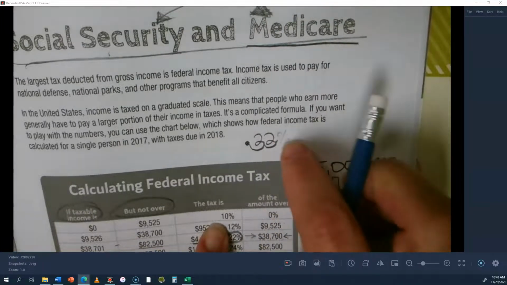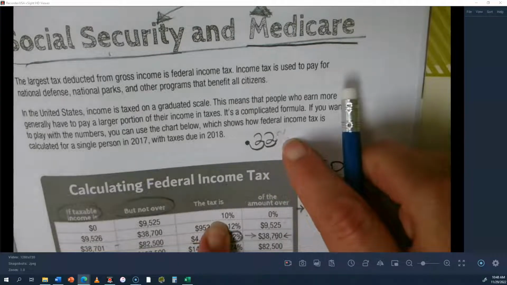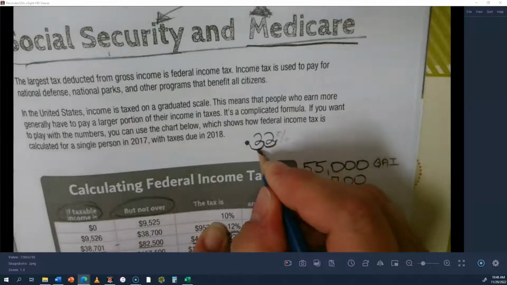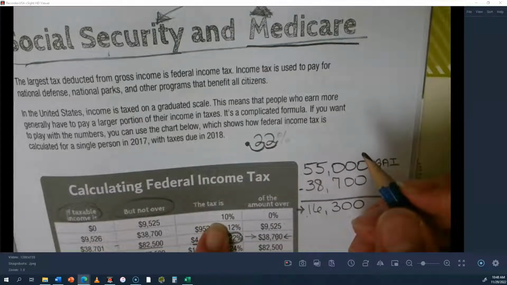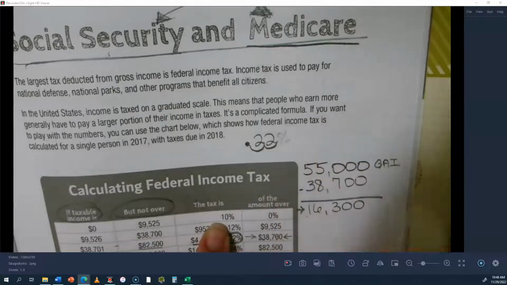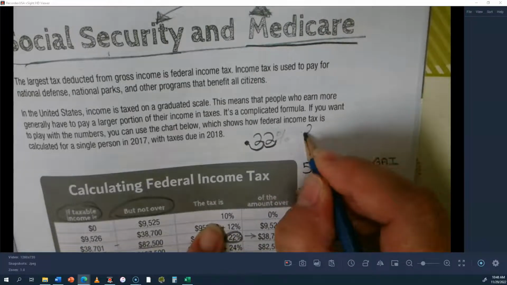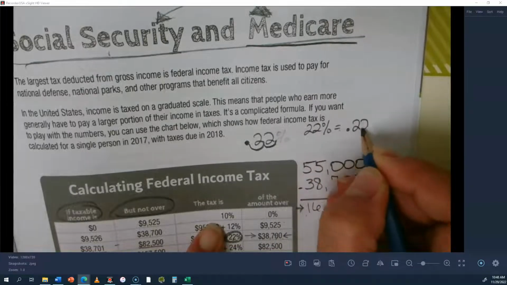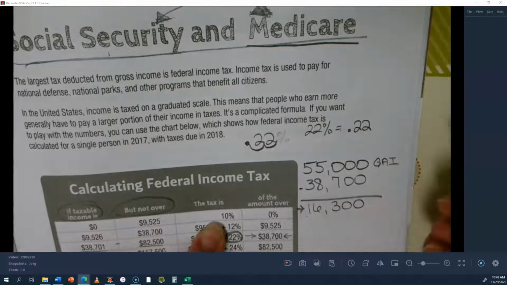So notice there were 2 spots on the percent sign, right? So you're going to move it 2 spots. And then this decimal takes the place of the percent sign. So 22% is equal to 0.22 of a whole 1.